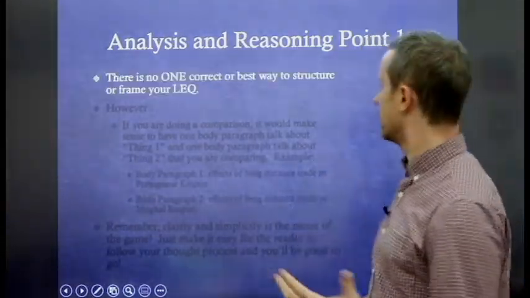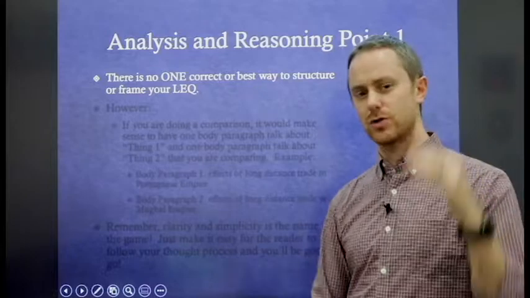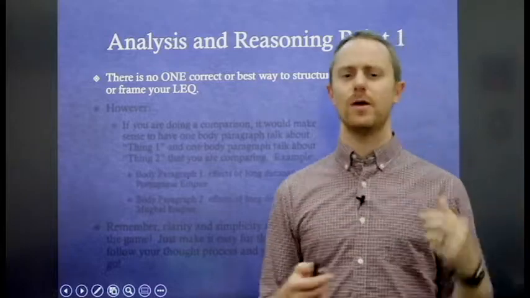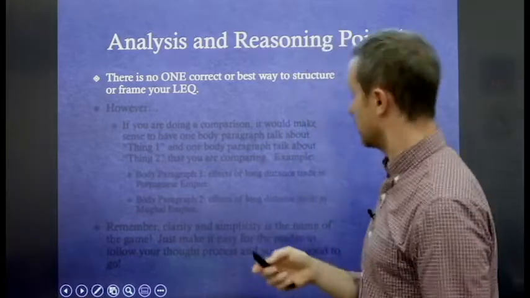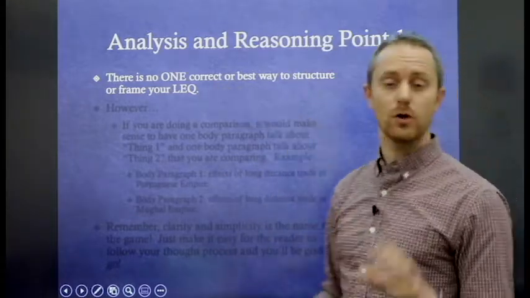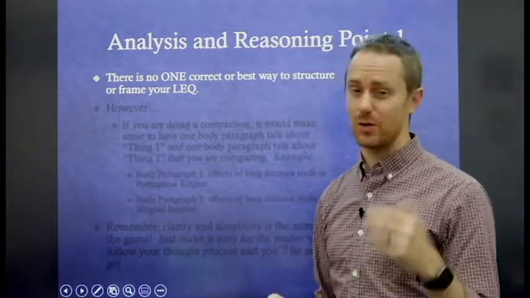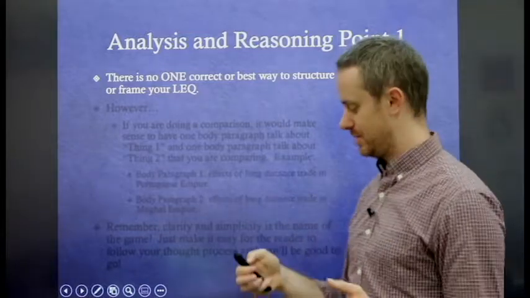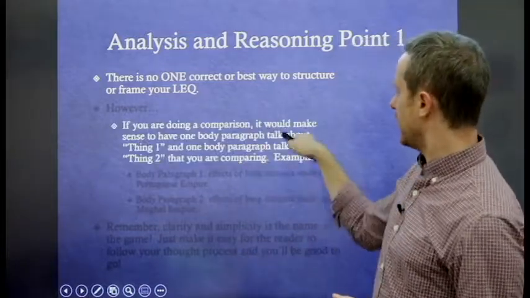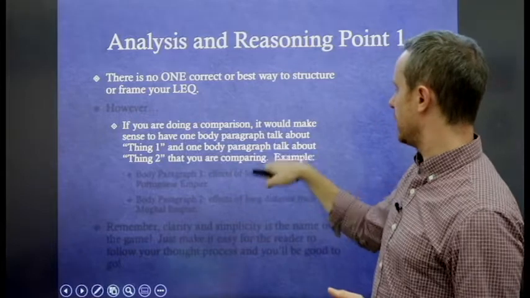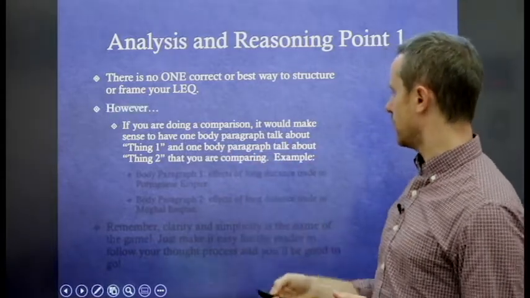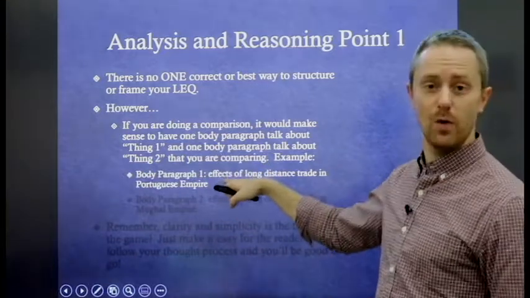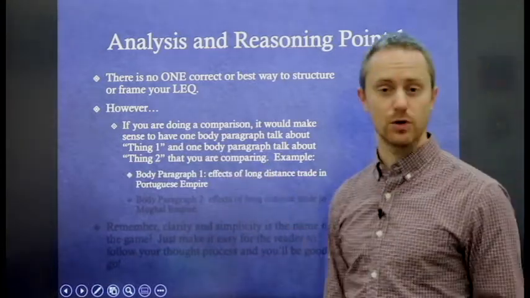You're in great shape. This goes back to our overall structure of the essay, because if you do this well, you're going to naturally include those thinking skills in the structure. Okay? Again, there's no one correct way to structure, but if you do it the way I suggested, it's going to happen. If you're doing comparison, it's going to make sense to have one body paragraph talk about thing 1 and one body paragraph talk about thing 2. So, for example, body paragraph 1, the effects of long-distance trade in the Portuguese Empire.